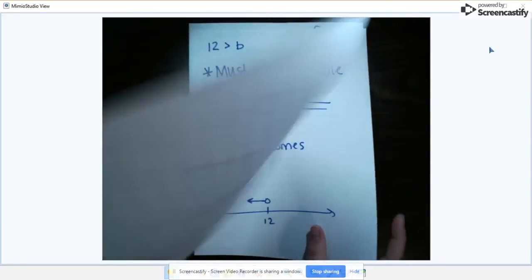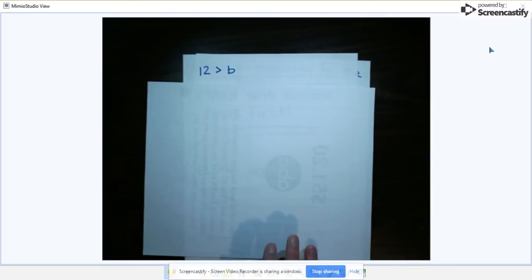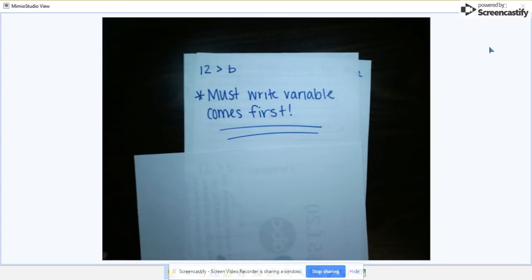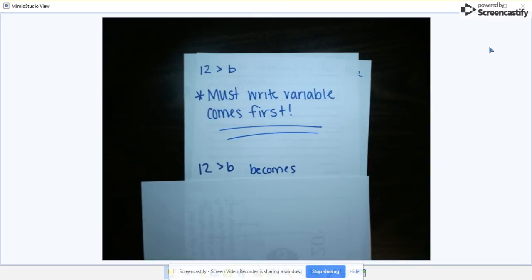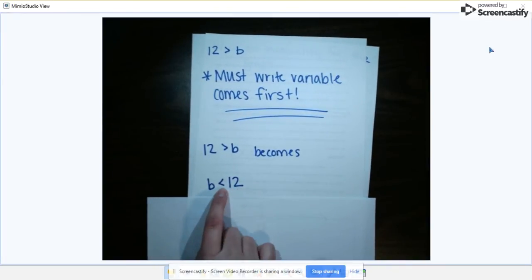Our next one here is what I'm talking about. We have 12 is greater than B. So we could graph this, but before we do that, our variable must be written first. So we have to rewrite 12 greater than B. When we flip-flop the order of our variable and our number, we have to flip our sign as well.